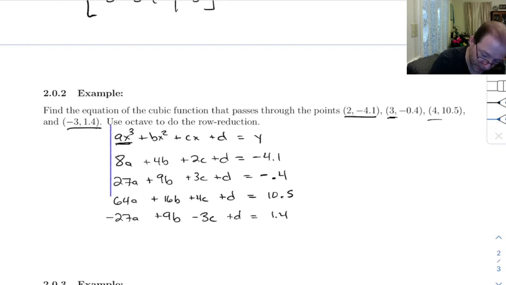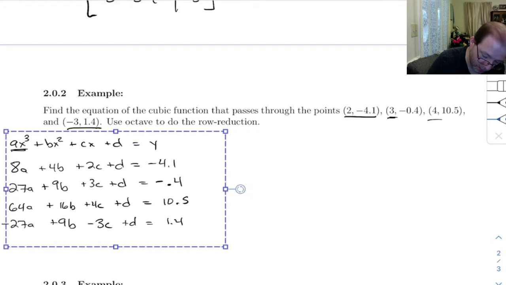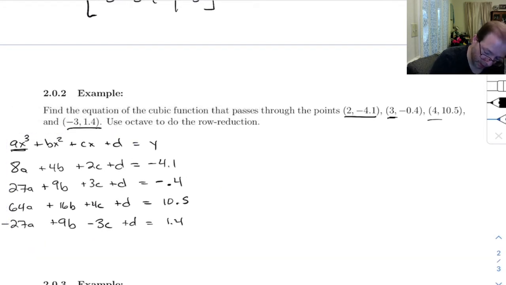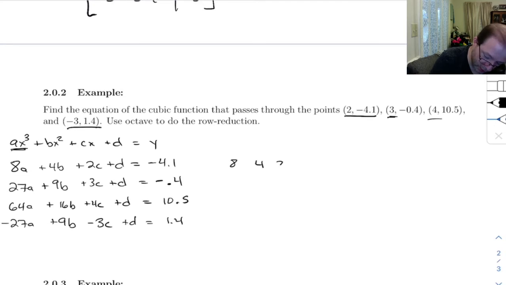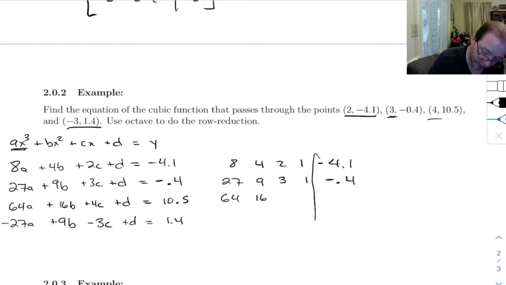So let's take this and write it as a matrix. Writing this as a matrix is going to give us 8, 4, 2, 1, negative 4.1; 27, 9, 3, 1, negative 0.4; 64, 16, 4, 1, 10.5; negative 27, 9, negative 3, 1, 1.4.